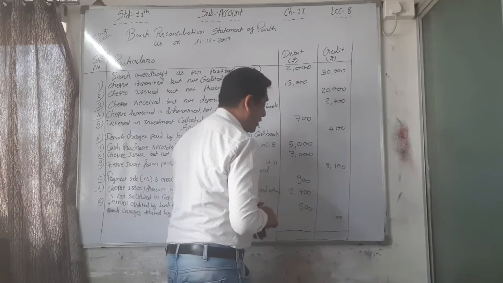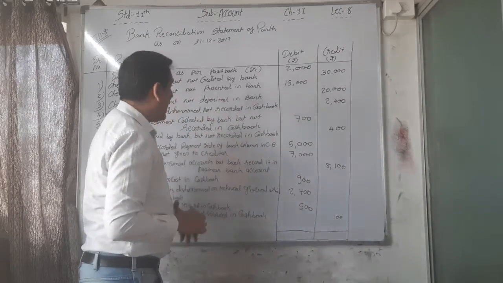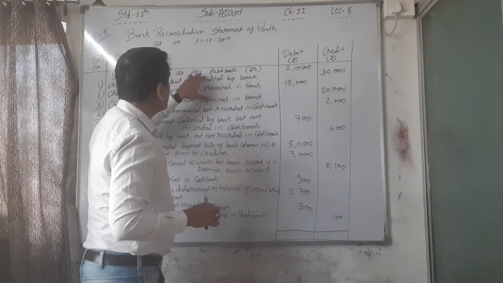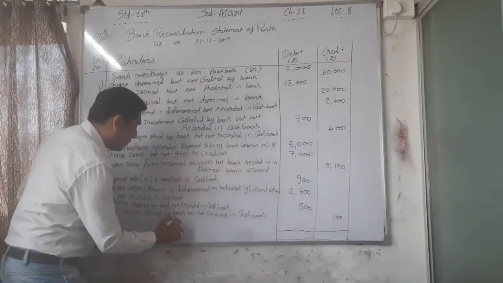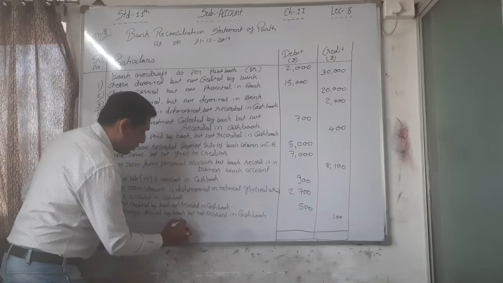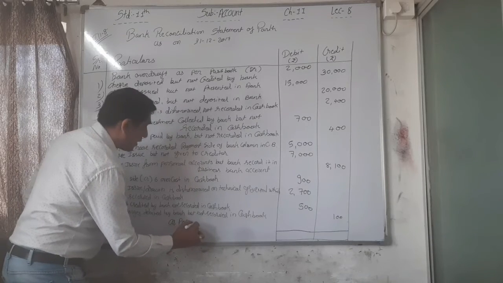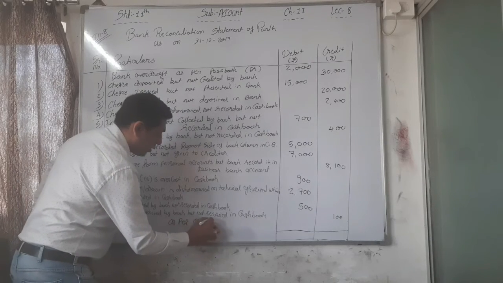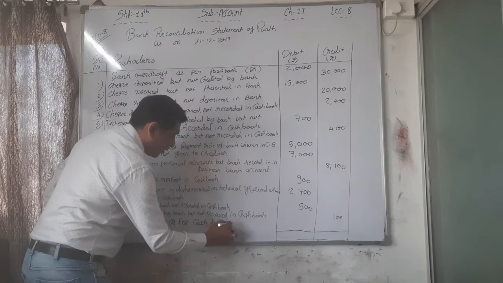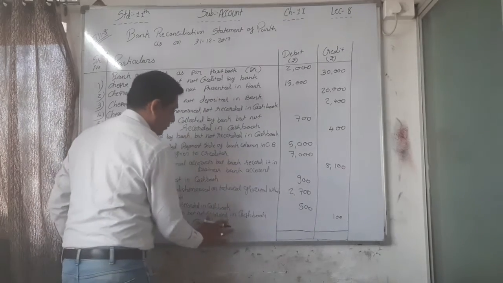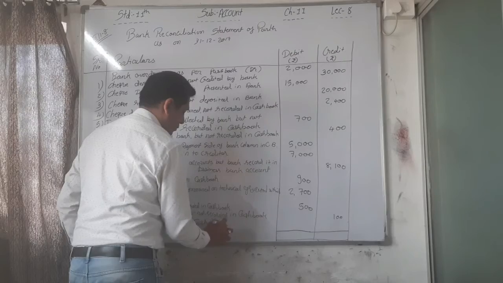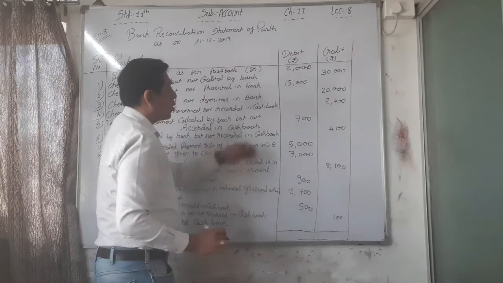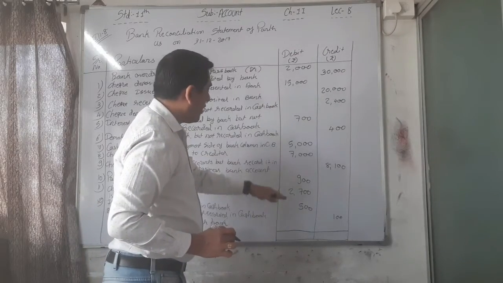See which side total is higher first of all. Here the starting point is as per passbook, and the ending point is as per cash book. See the total, 15,572.